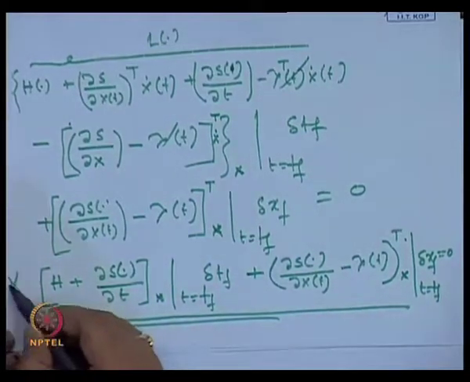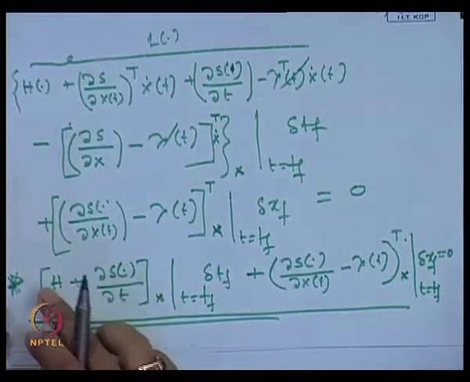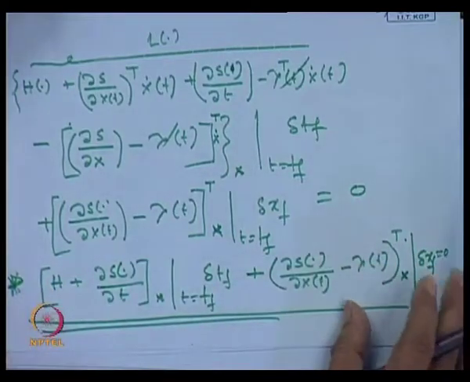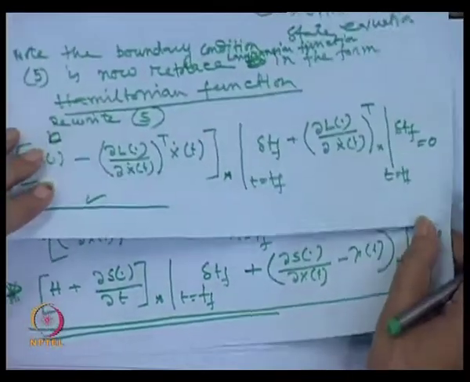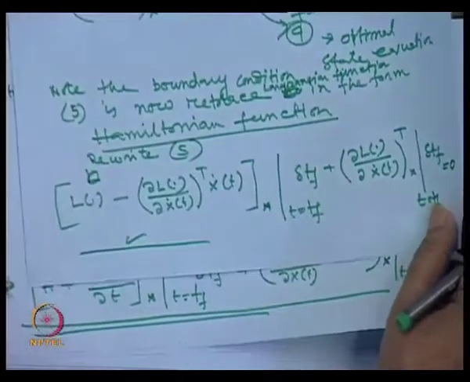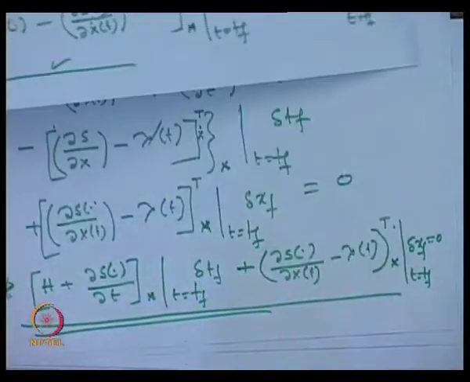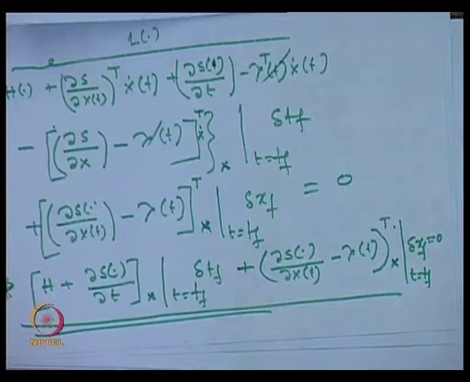So this expression, which we have just calculated in terms of the Hamiltonian, is the important boundary condition in terms of Hamiltonian functions. Now we will summarize this point. If you see this, these are the basic three equations we need to solve now.